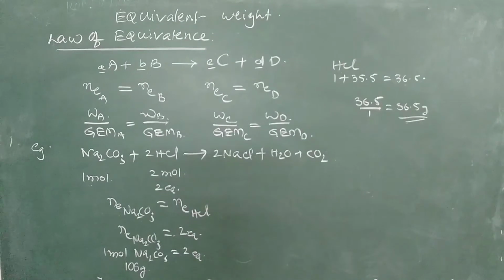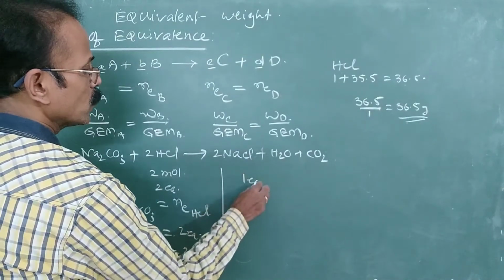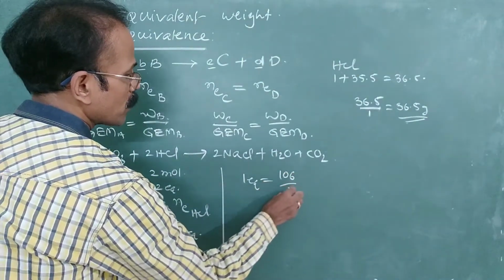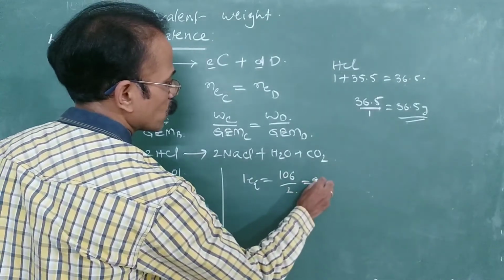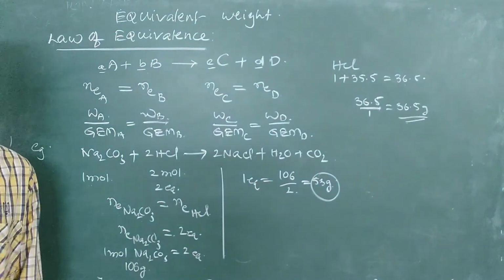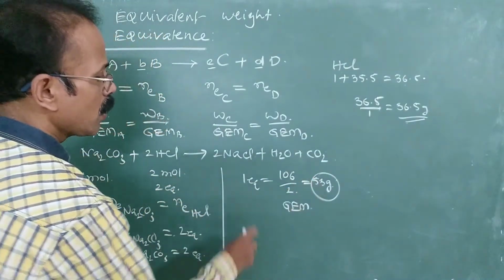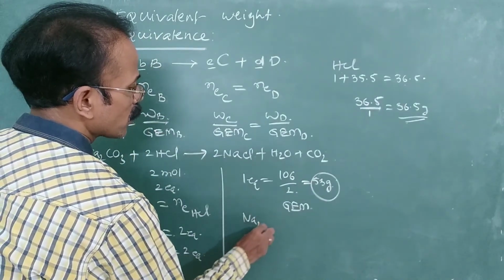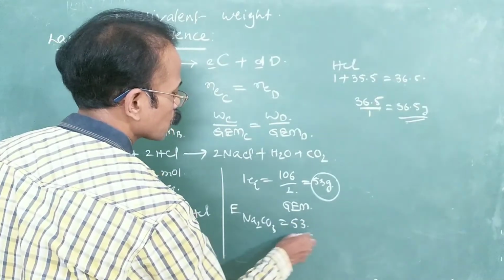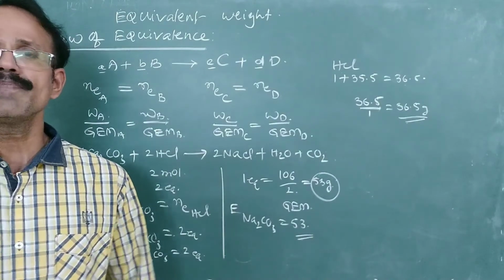The molar mass of sodium carbonate is equal to 106 grams. Now 1 equivalent is what? 1 equivalent is equal to 106 divided by 2, or that is equal to 53 gram. Okay, so that is the gram equivalent mass of sodium carbonate. So from this equation, the equivalent mass of sodium carbonate is 53.